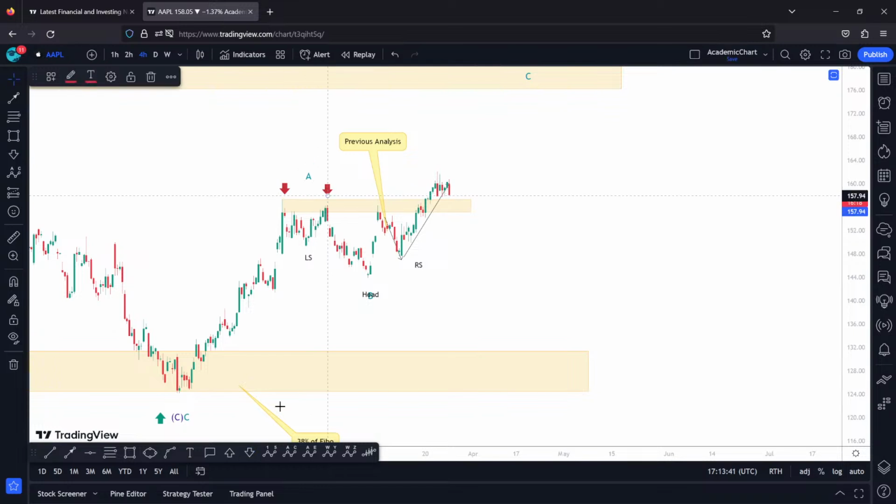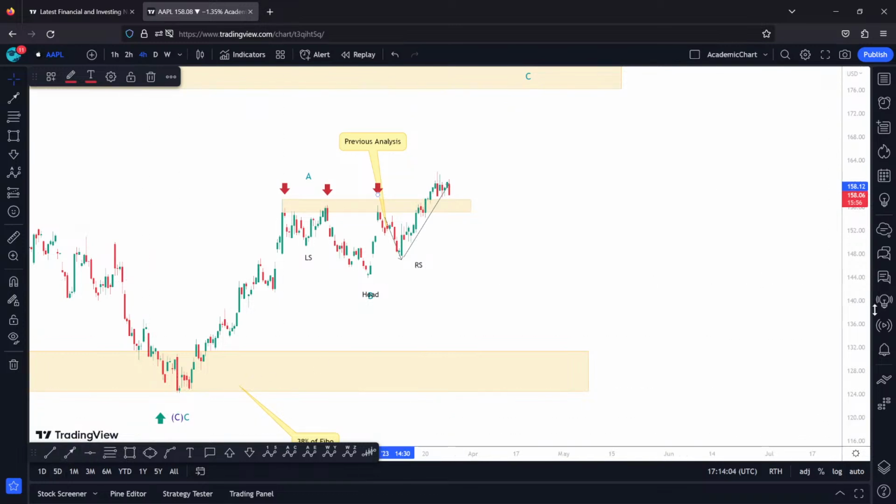As you can see, three times price reacted to this, but now it has been broken, and that possible inverted or reversed head and shoulder has now been created.